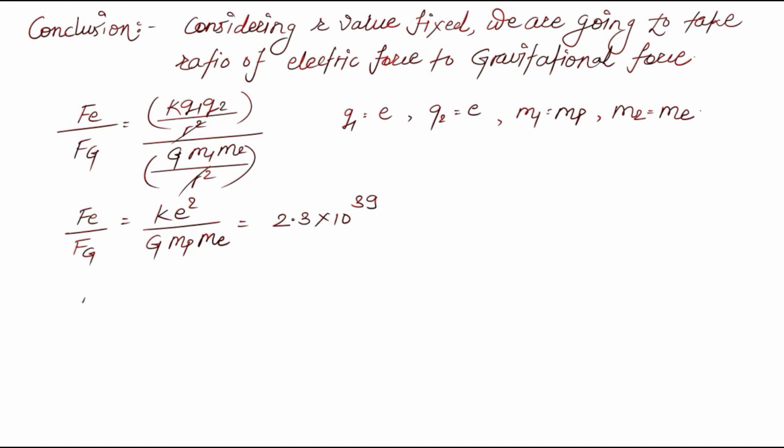So the conclusion is the electrostatic force between the proton and electron is 2.3 into 10 raised to 39 times the gravitational force between the proton and electron. It means the magnitude of the electrostatic force is stronger than the magnitude of the gravitational force.